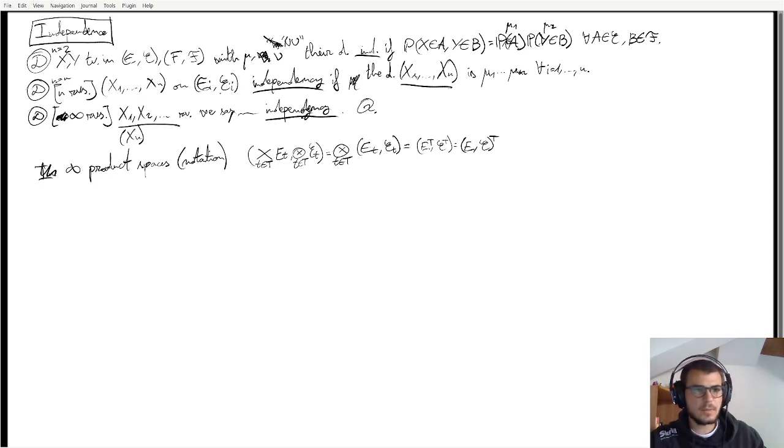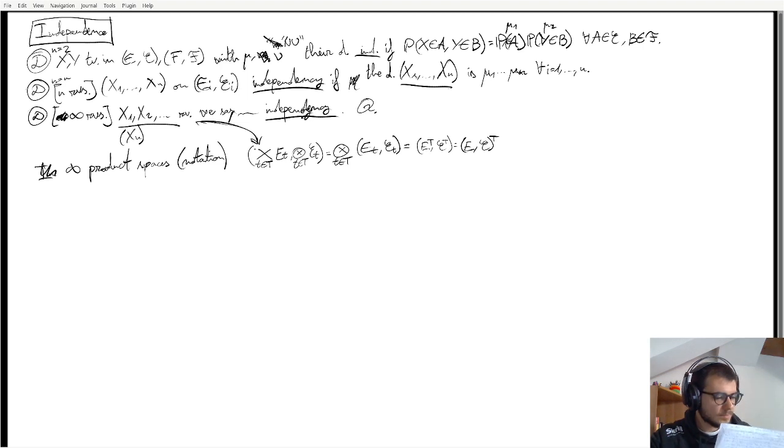And to do that, we construct the product space. So the product space is nothing but the product of the measurable spaces of all the random variables composing the collection or the process. I think things are going much better than last time.